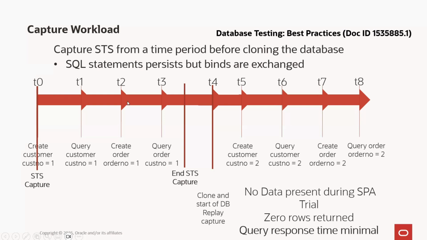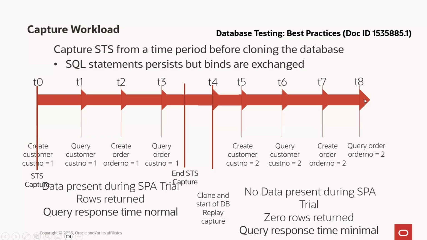Okay, so we don't have to wait 4 hours capturing SQLs. We can capture them right away from AWR. Okay, but we just want to make sure that we're capturing 4 hours before we start the 4 hours for Database Replay.